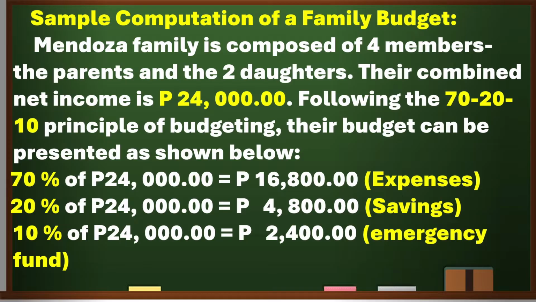Following the 70-20-10 principle of budgeting, their budget can be presented as shown below. 70% of 24,000 pesos is equal to 16,800 pesos and is allocated for expenses, while the 20% of 24,000 pesos, which is equal to 4,800 pesos, is budgeted for savings, and the remaining 10% of 24,000 pesos, which is equivalent to 2,400 pesos, is intended for emergency fund.